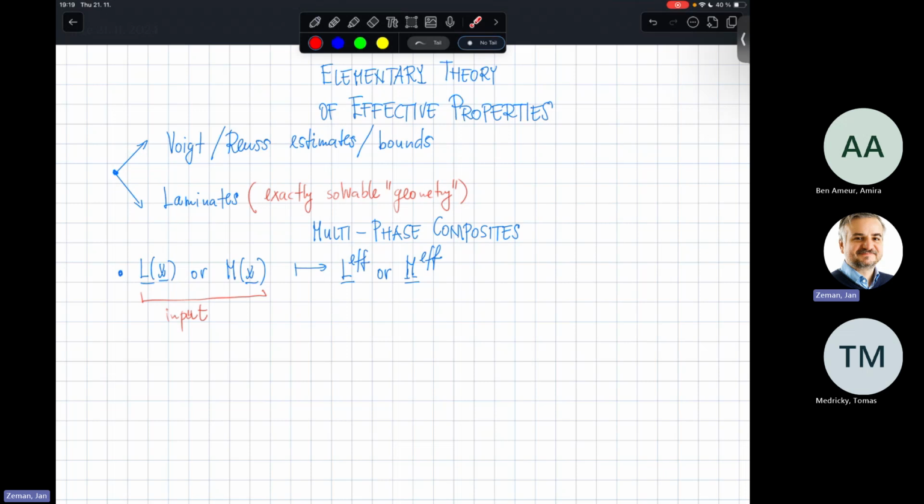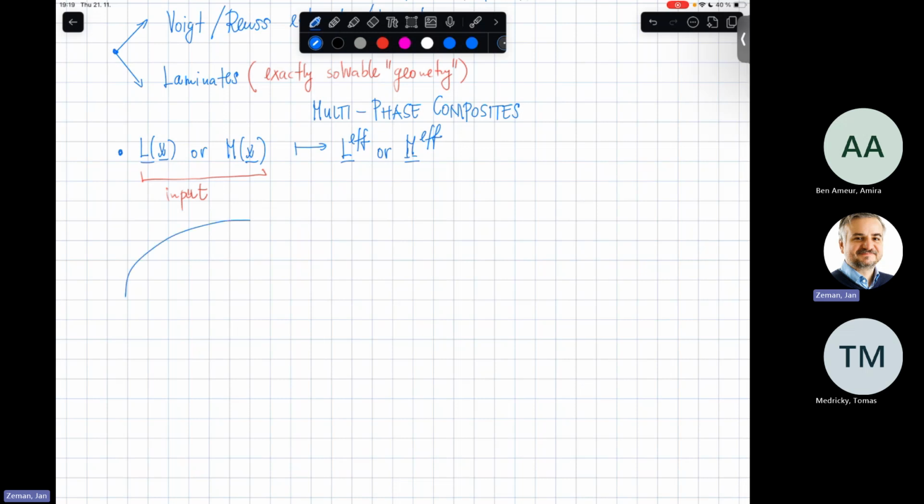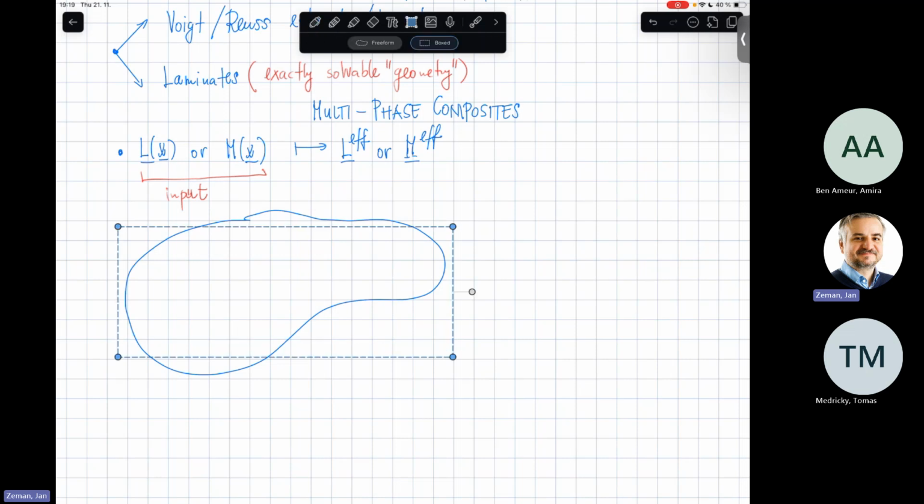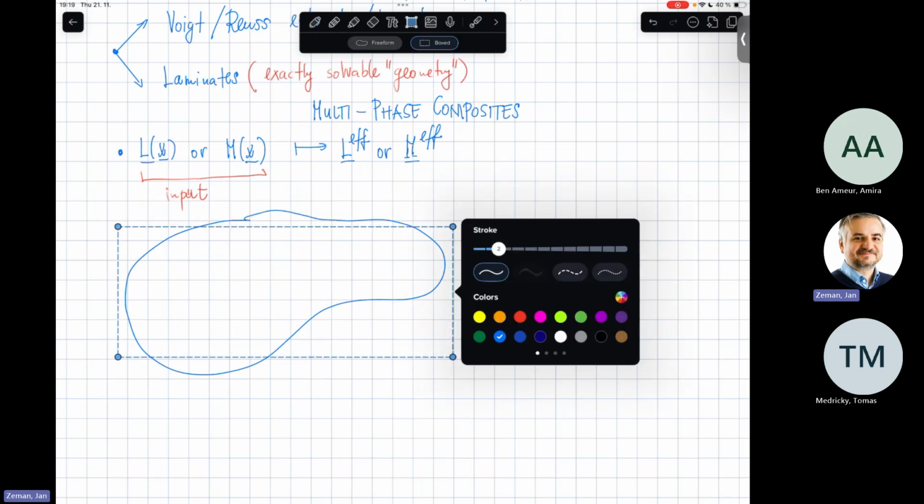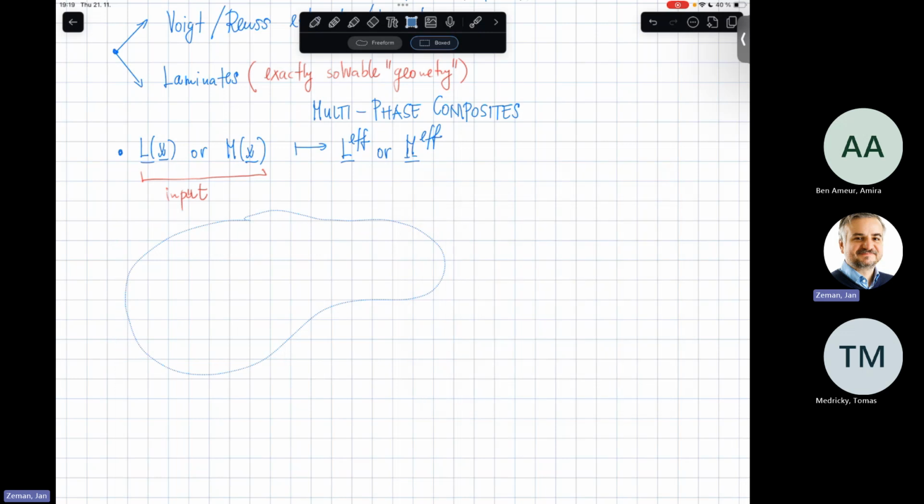So in these multi-phase composites I make my life a bit easier, and the usual picture associated with that, although it's not completely instructive, is fine enough to make the argument. One nice representative of these multi-phase composites is the following.